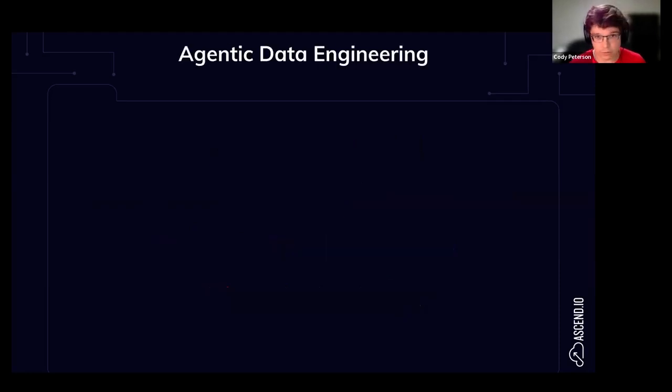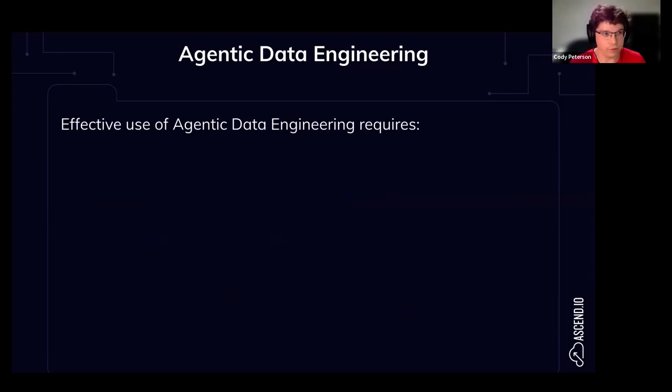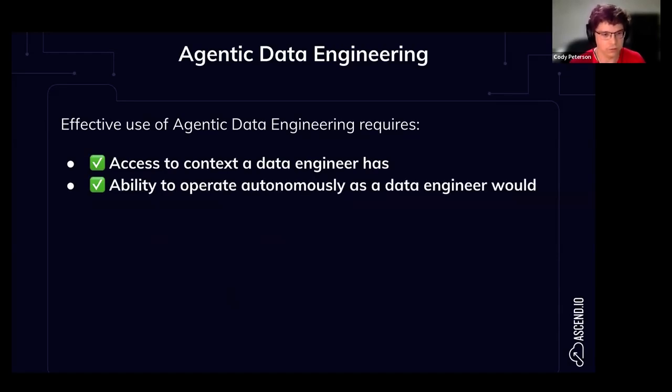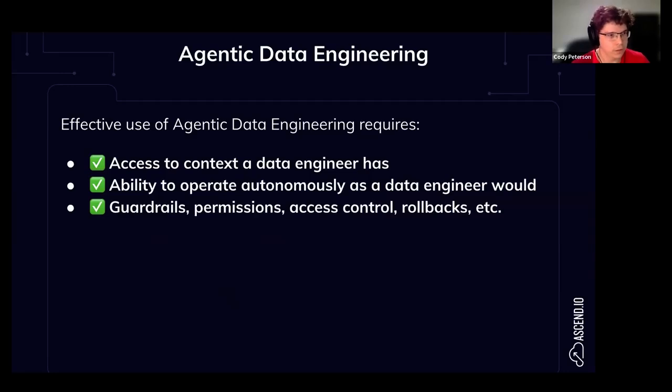So to summarize, or frame this in terms of what you need to accomplish this in an agentic data engineering platform: effective use will really require access to the same context a data engineer has. If you want an agent to perform well, it needs to have all context. The ability to operate autonomously, so that's setting up permissions and roles and making sure that things are isolated and going to work well.